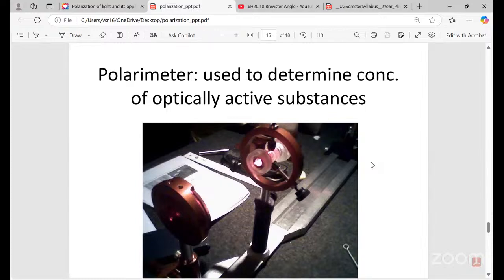So, the polarimeter, the Laurent half-shade polarimeter. The main use of this polarimeter is to determine the concentration of optically active substances, usually sugar solution concentration.